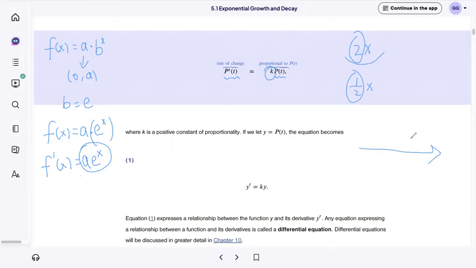Remember exponential growth? Function looks like this, right? So the derivative is just multiplied by such k, right? If this was 0, 1 point, then its derivative will be 0, k. Let's use k equals 2. So then 0, 2.